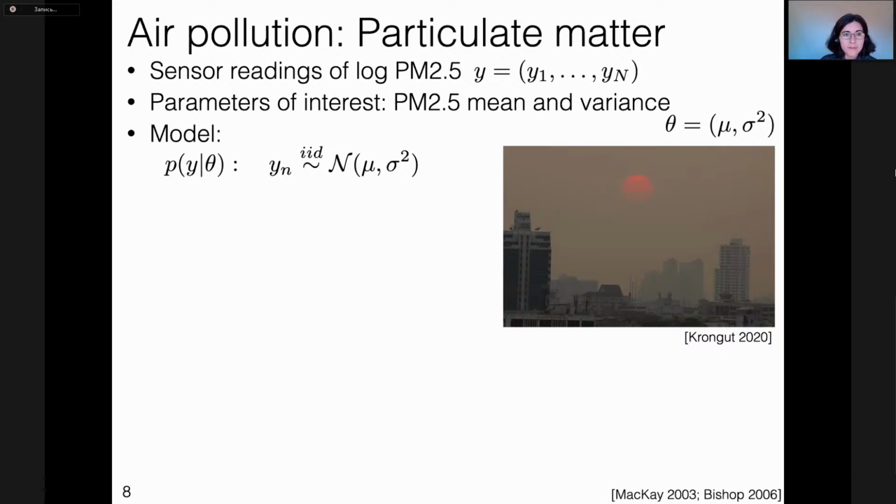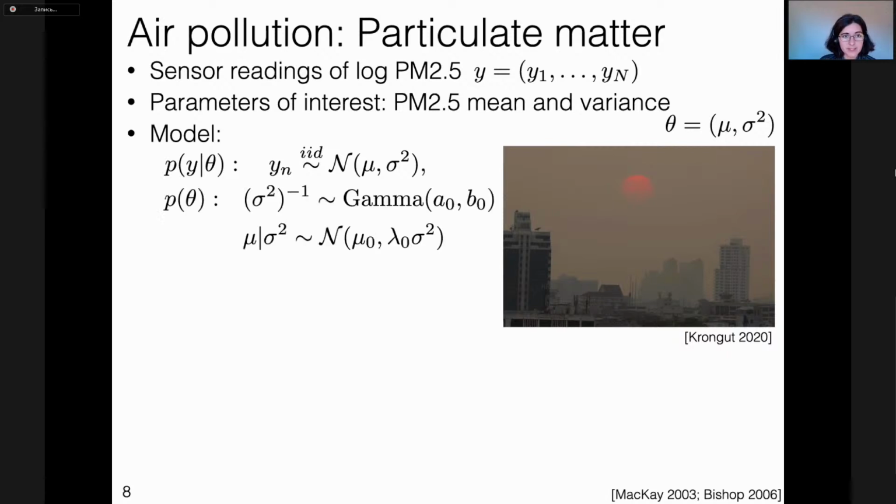Let's call it mu. And we don't know the noisiness of our sensor. Let's call that sigma squared, the variance of our sensor. So our likelihood is what type of data we would get out if our sensor's noise is normally distributed, with some mean mu and some variance sigma squared. We would like to know that mean and variance.